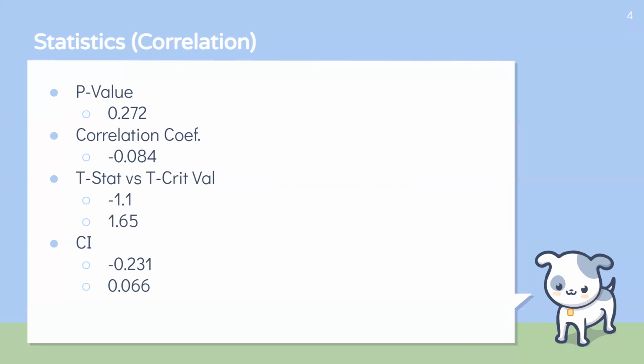Now moving on to the confidence intervals. The confidence interval, depending on our confidence rate, which we chose as 95% with an alpha value of 0.05, suggests that the range that the correlation coefficient can range from is negative 0.231 to 0.066. Our range includes 0, which means that there's not a strong relationship.